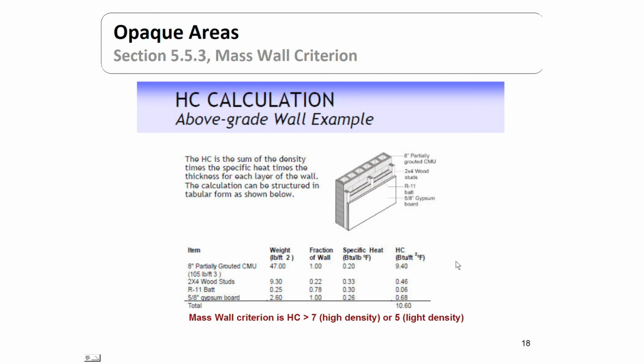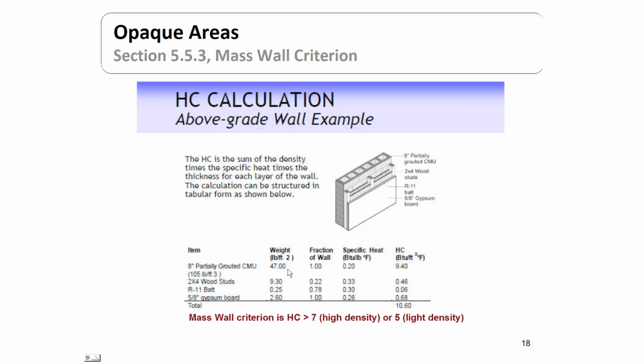Not BTUs per hour, however. That would be a U factor. BTUs per square foot per degree Fahrenheit is a way to talk about the thermal capacitance of the wall. That is, how many BTUs could the wall store per square foot per degree Fahrenheit of temperature rise.